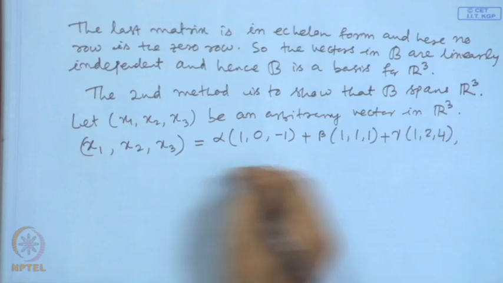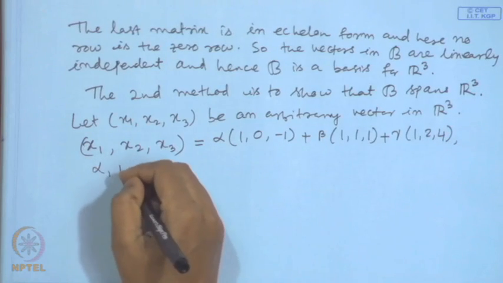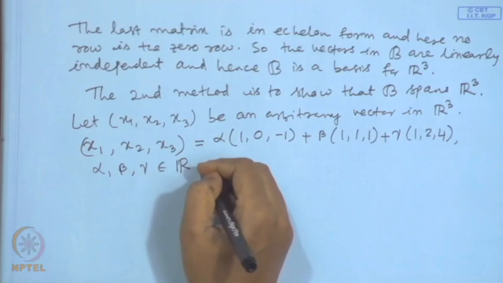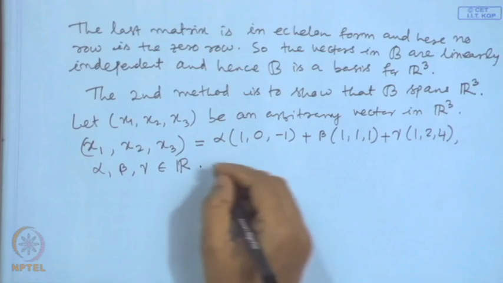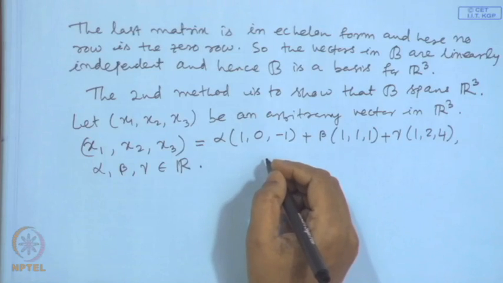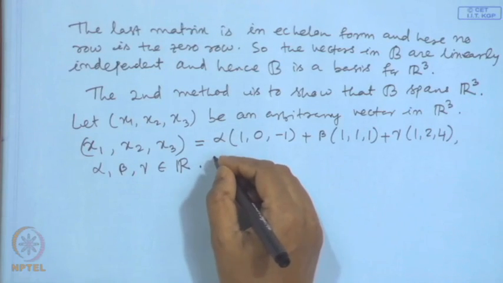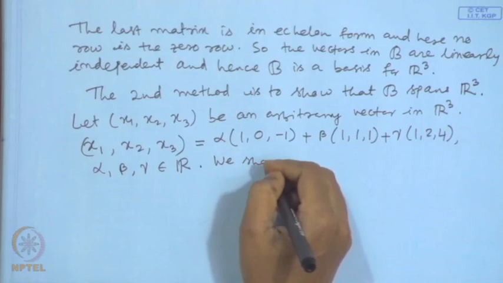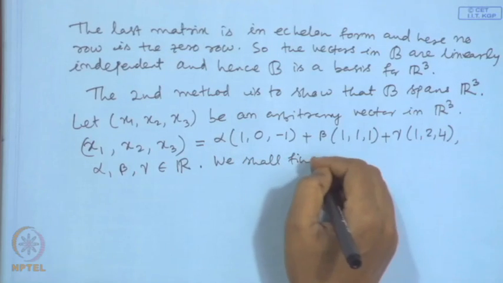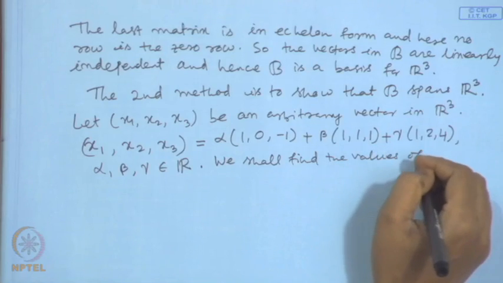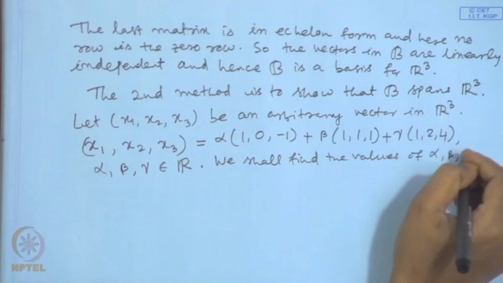Here alpha, beta, gamma come from the real field, they are scalars. So, here we shall find the values of alpha, beta, gamma.